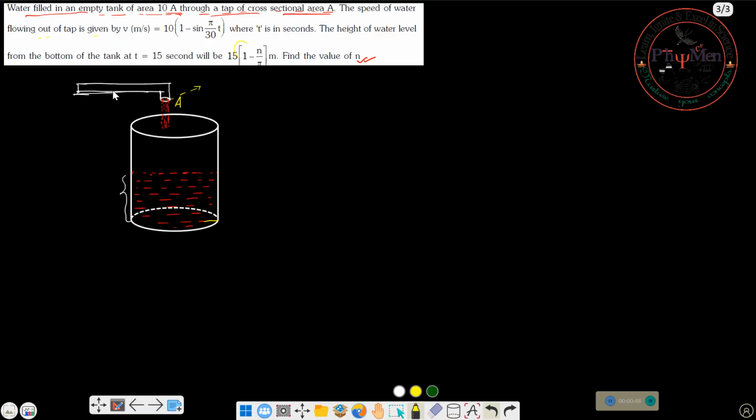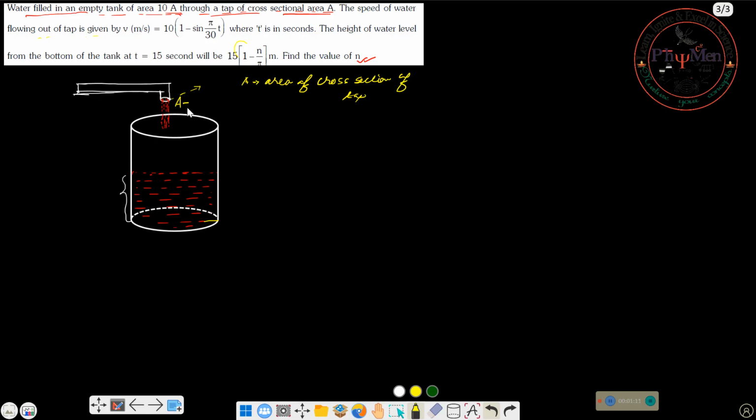Now, what is given in the question? The tap area is given as A, the area of cross section of the tap.